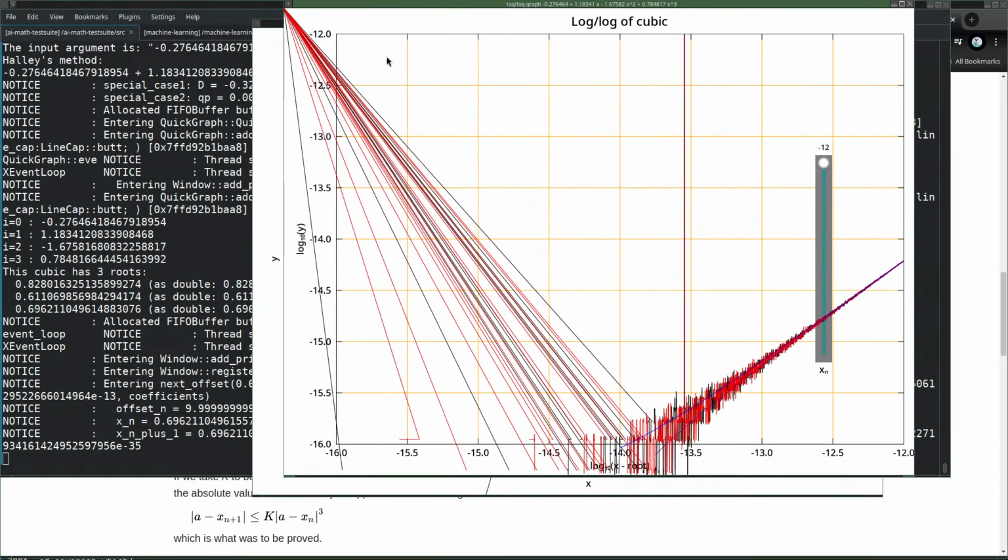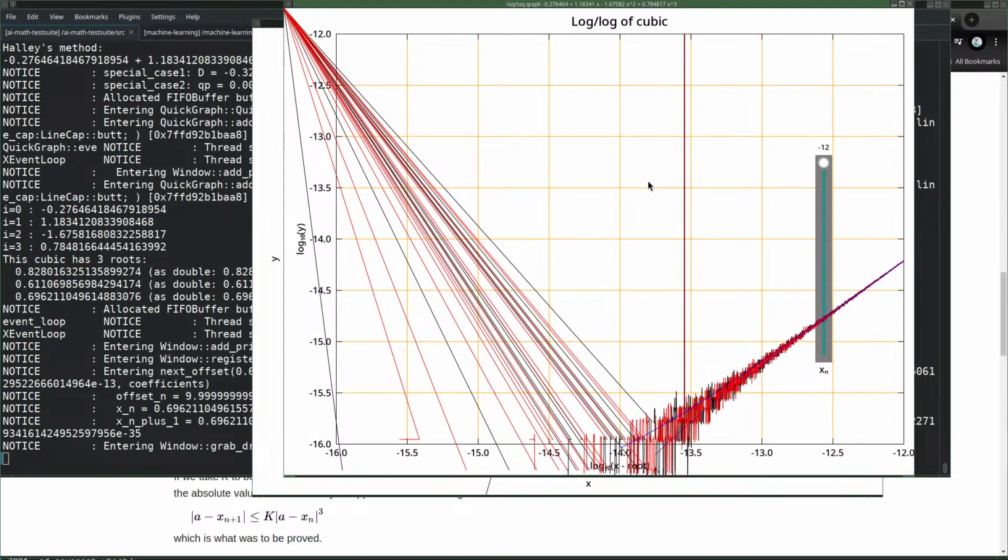Yeah, what super irritates me is these artifacts, that it draws a lot of lines from the 0, 0 here in the corner. Don't want to see that. Why is that happening?